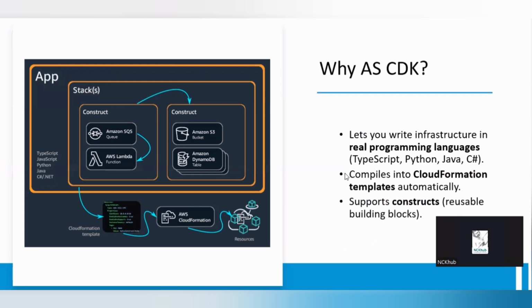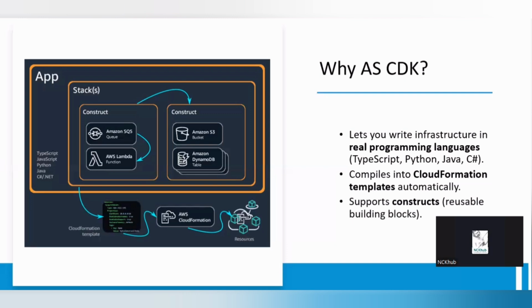So why AWS CDK? CDK allows you to define your infrastructure in your own development programming language. You can write it in TypeScript, Python, C# or Java, and the script will compile for you into CloudFormation automatically.